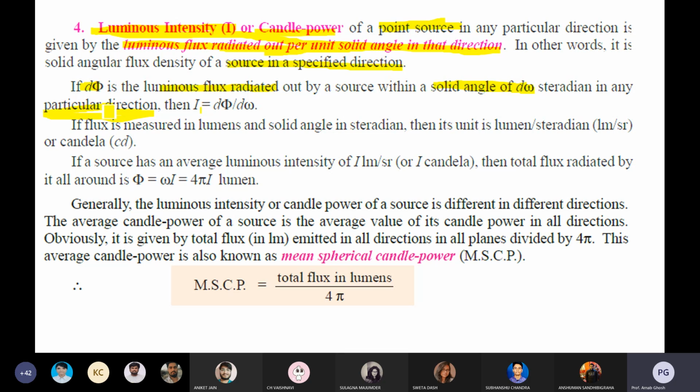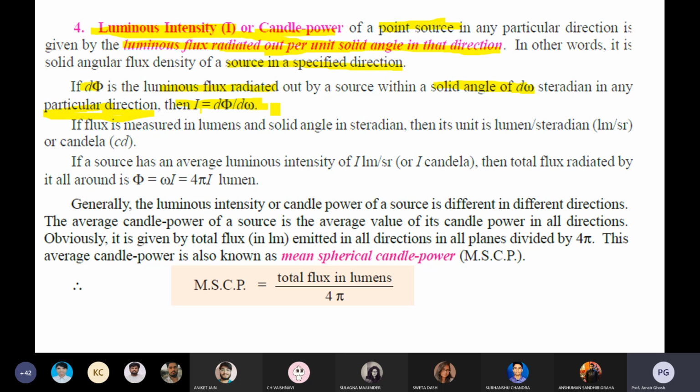Some fixed direction, then I equals d phi by d omega. It is the rate of change of flux with the variation of solid angle. Omega is the solid angle. So you will get that value, and that is known as luminous intensity.